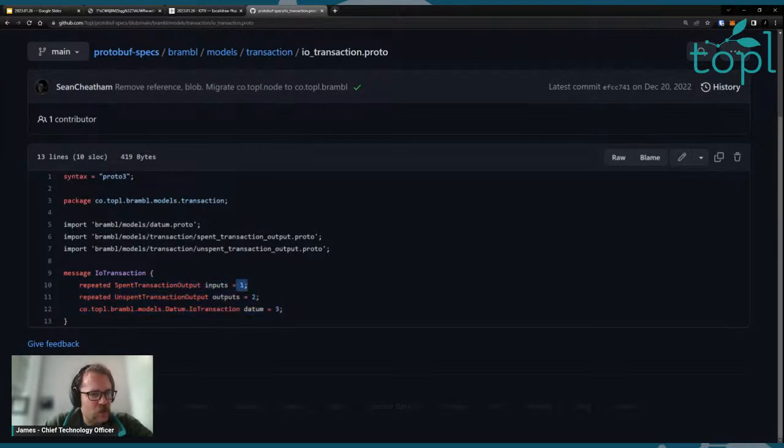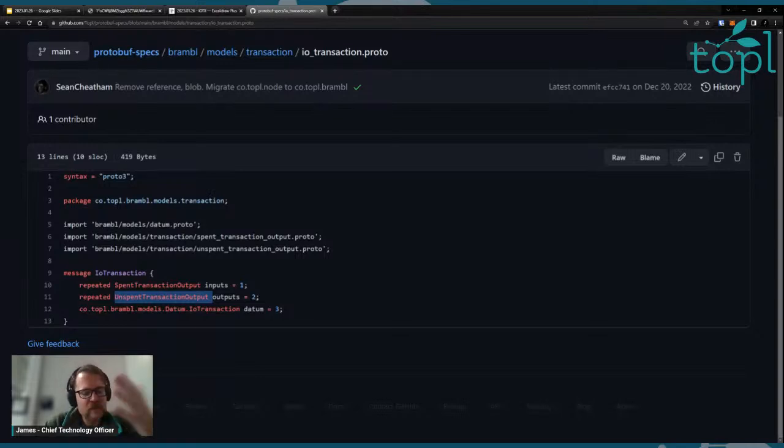A field we call inputs, that is a list. That's what repeated means, list. A list of something we call spent transaction outputs. And then there's a field called outputs. That's also a list, and it's a set of unspent transaction outputs.